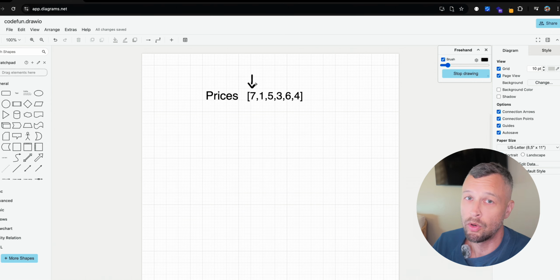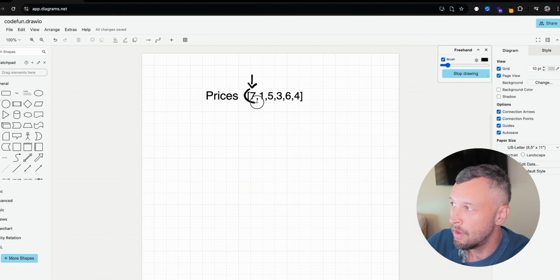This also would be good to do in an interview, but we would start on this day, and this would be our minimum. We would start here and we would proceed to look at the next. This would represent day 2. This would be day 3. So based on this, we can see as we move along in this array, our profit would be 0.